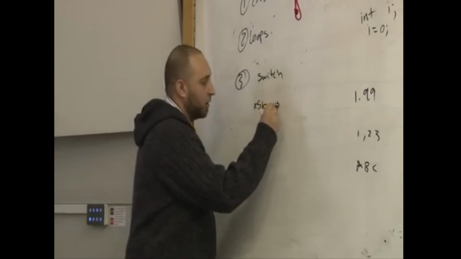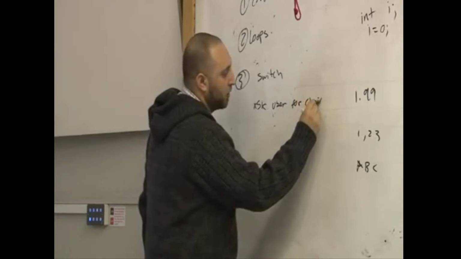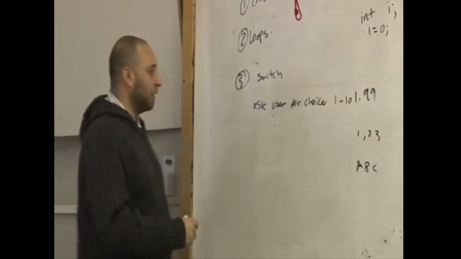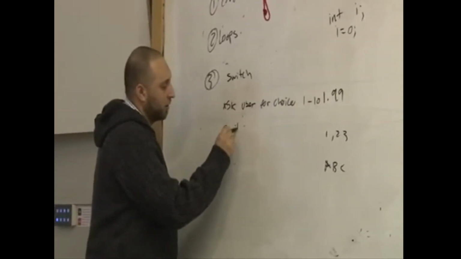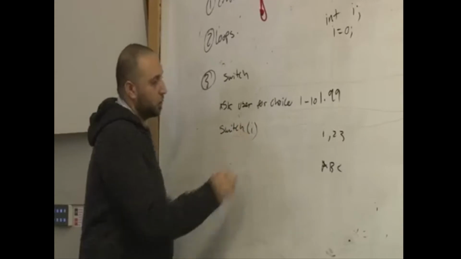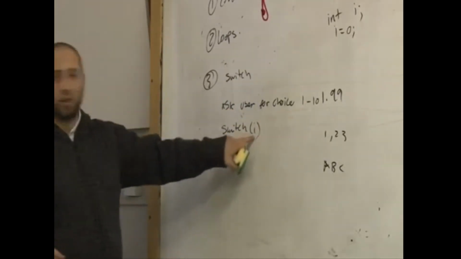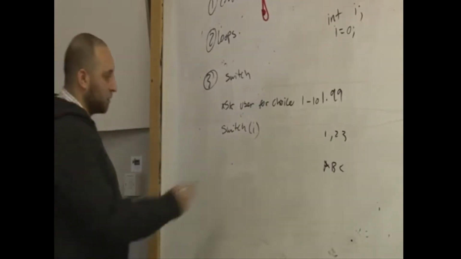So say you ask the user for a choice, for example between 1 to 10. And then after that we'll say switch I. So let's say we're storing the user's choice in this variable called I. They'll put 1, 2, or 3 to 10, and then we'll start testing.